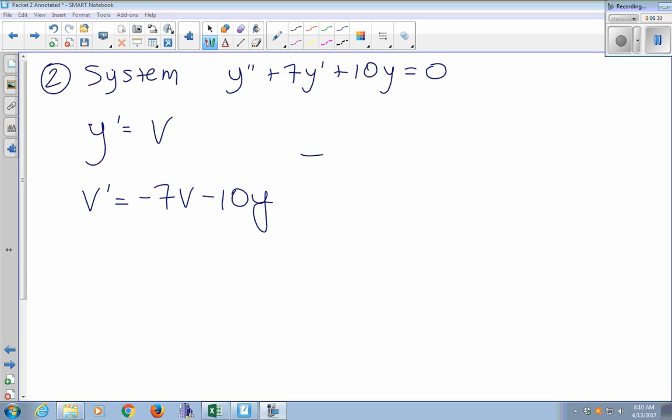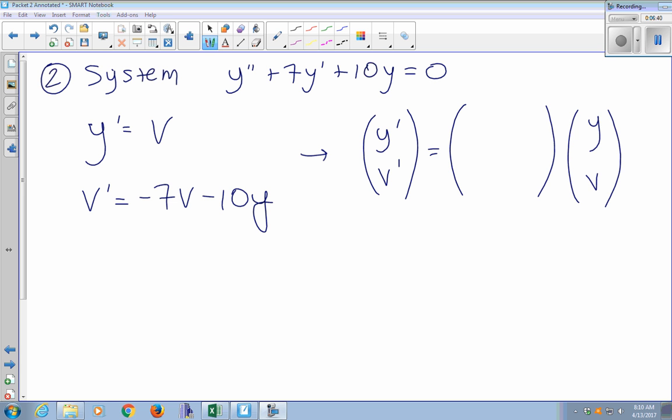So first, I'm going to convert this to matrix form. So this is (y', v') equals some matrix times (y, v). y' has to equal v, so I need a 0 and a 1 here so that when I take the dot product, I get v.